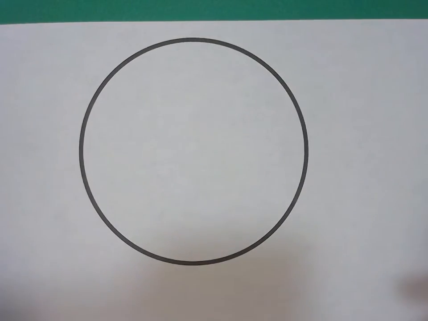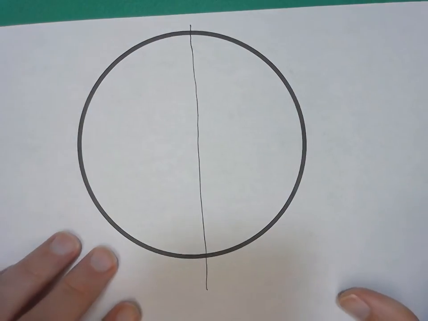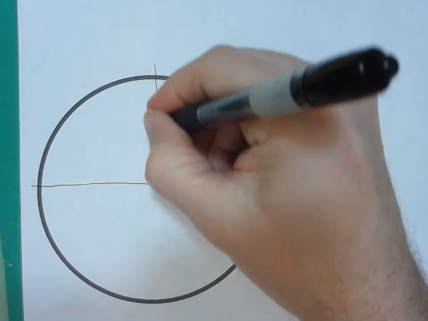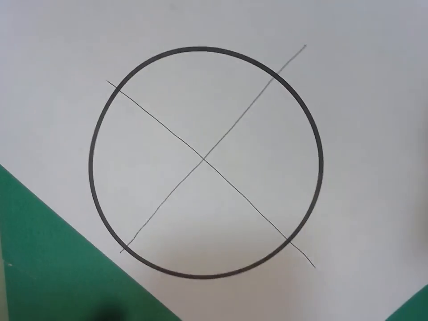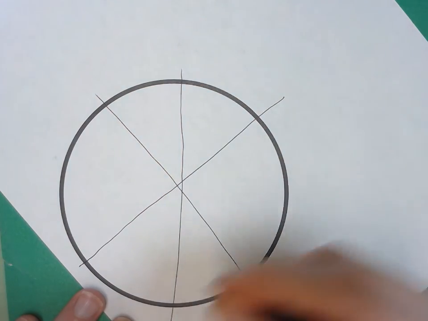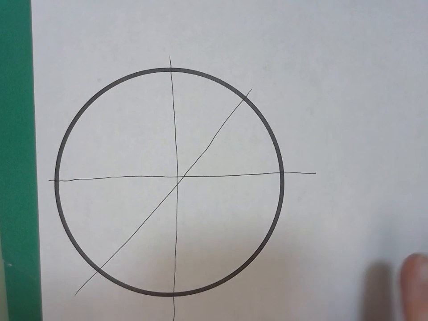And so if I make a line of symmetry right down and I rotate it, and I make another line of symmetry, and I rotate it, and I make another line of symmetry, I can do this as many times as I want. So a circle is infinitely symmetrical. I can put an infinite number of lines of symmetry in.